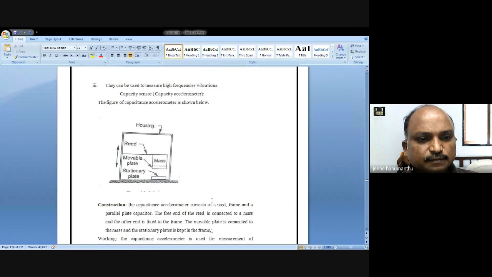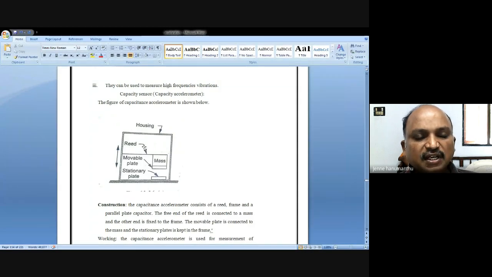See, we are showing the same LVDT like this. The two plates, plate 1 and plate 2, and here we have the reed.